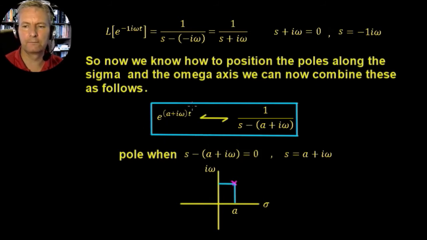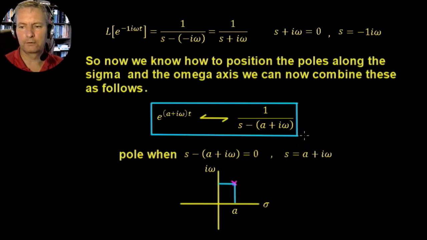We've seen previously, when we find the Laplace transform, we just take the exponent down. So we get 1 upon s minus a plus I omega. So that tells us that we're going to get a pole when s minus a plus I omega equals 0, or equivalently s equals a plus I omega. So now we can position our pole dependent on the value of a.